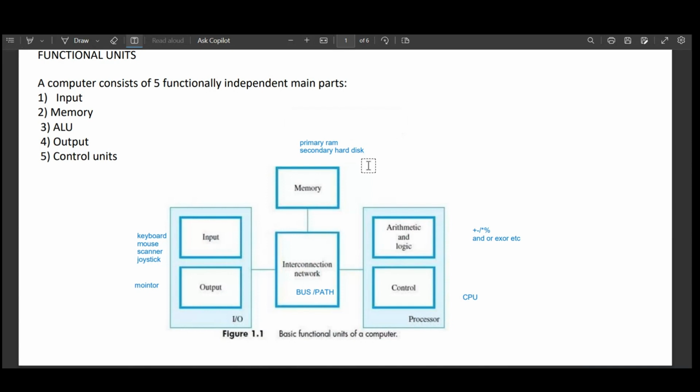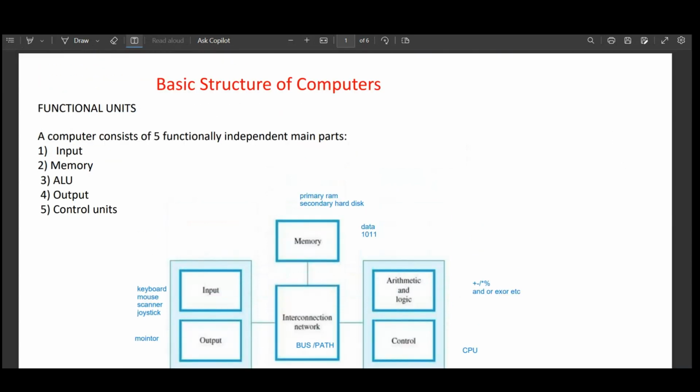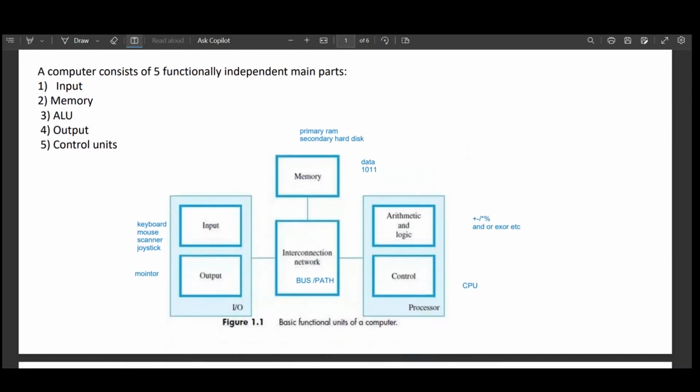Whatever input we give in the keyboard is sent to the arithmetic and logic unit, and some data will be processed. This data will be stored in the memory. Data is nothing but 1011, which is in binary format. So this is the functional unit of a computer.